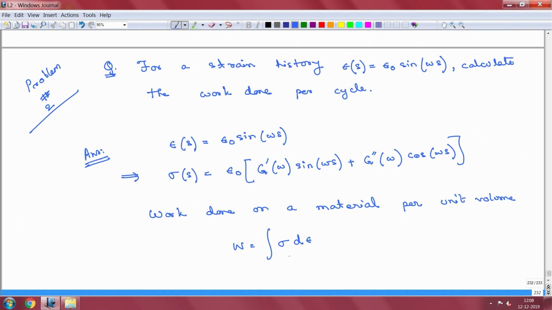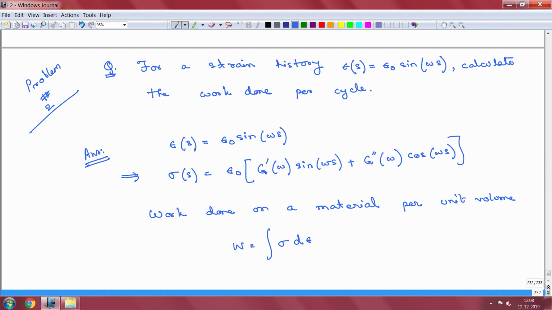This looks like the force into displacement form, and we are integrating over the entire strain produced in the system. But our question is to find out the work done per cycle. So it means per cycle of this sinusoidal input. So we would like to be able to integrate this in time.